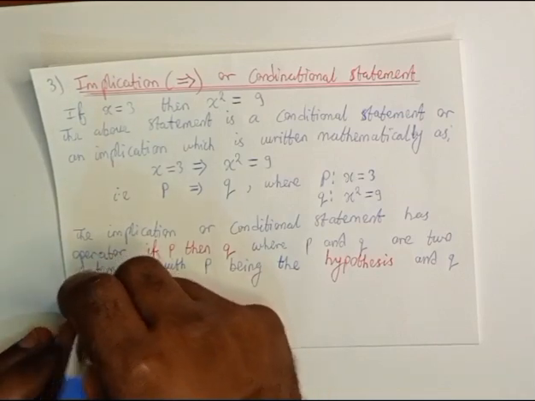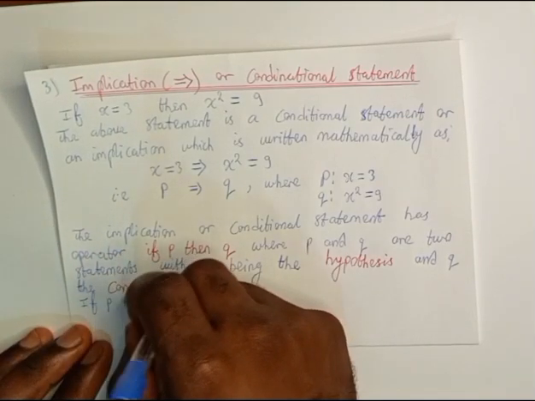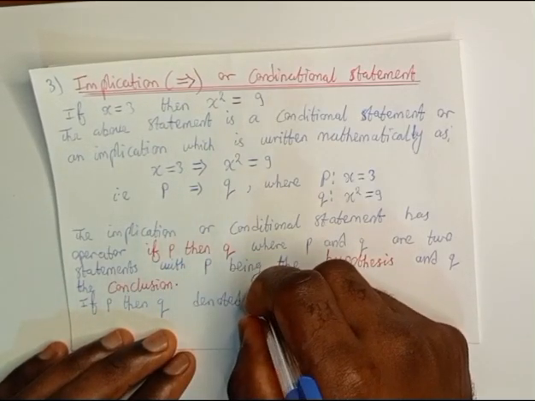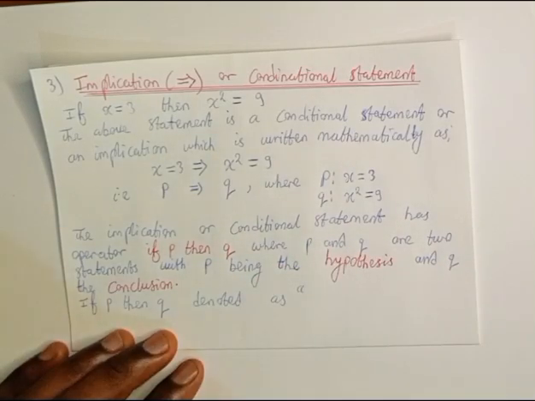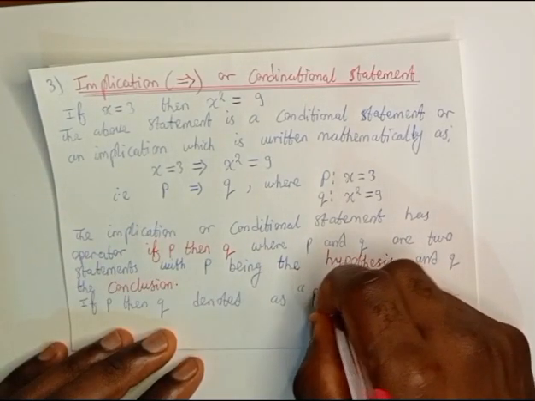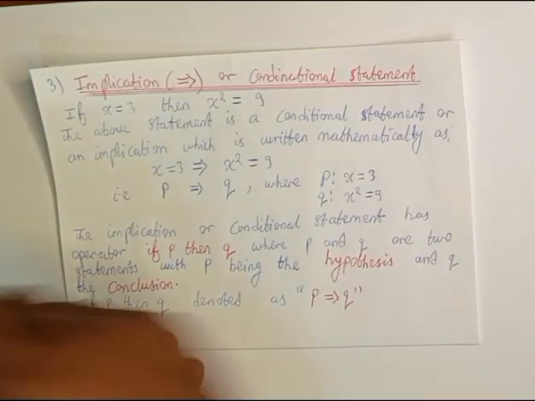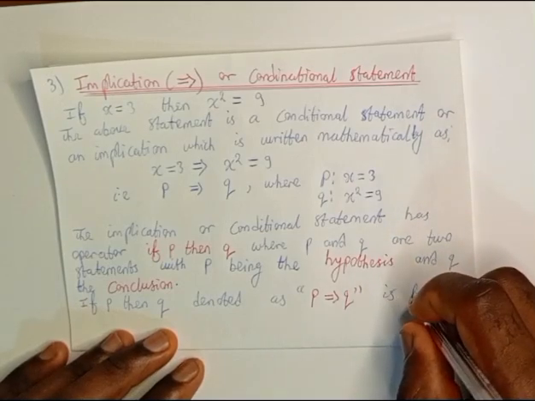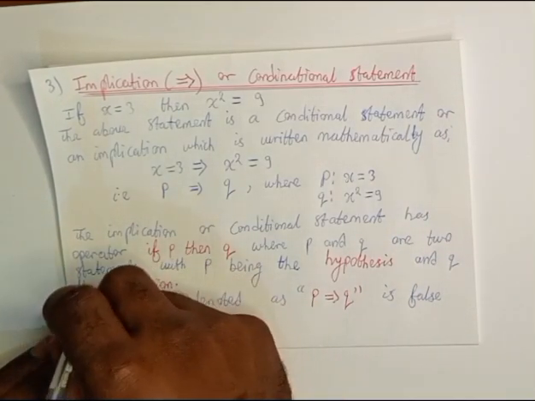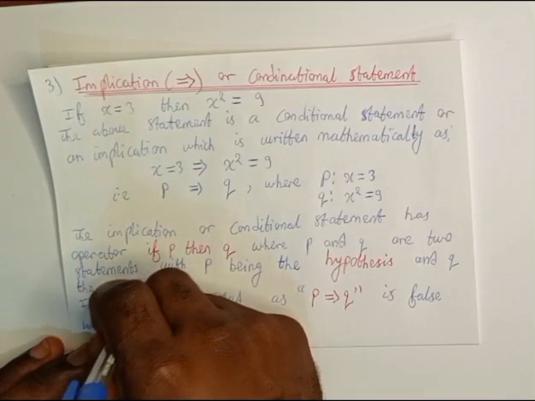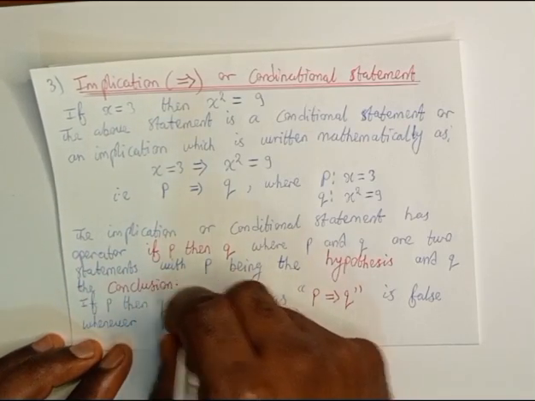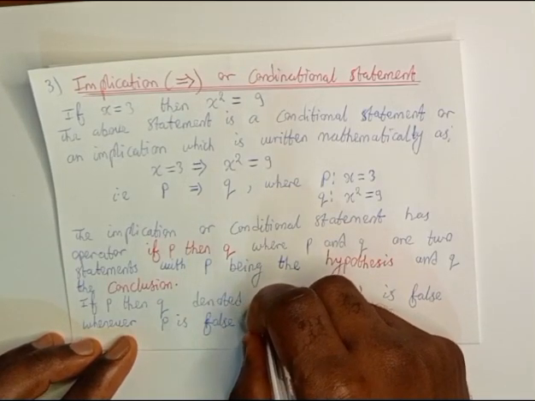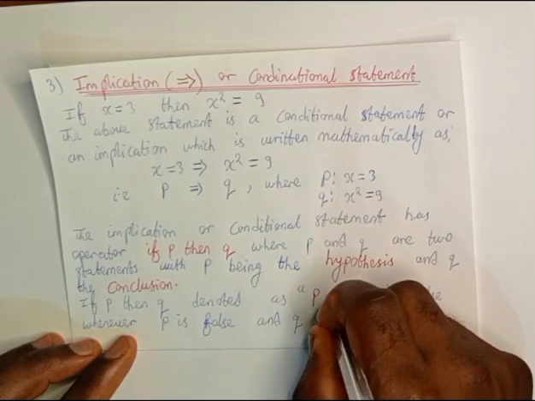If P then Q, denoted as, this is how we denote it, P implies Q, is false whenever P is false and Q true.